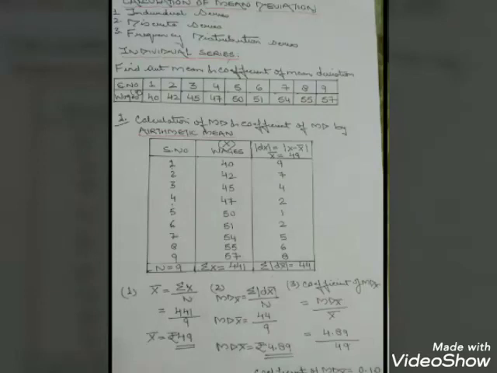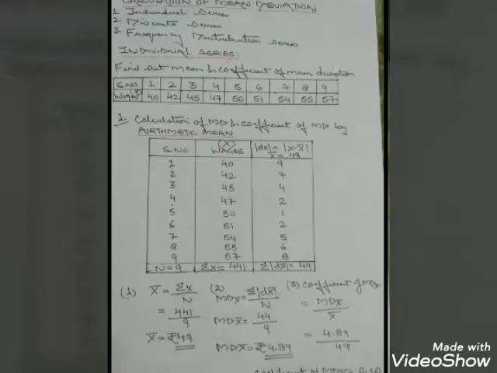And now it is so easy to calculate the coefficient of mean deviation through arithmetic mean. The formula of the coefficient of mean deviation arithmetic mean goes like this: mean deviation arithmetic mean upon arithmetic mean. Your mean deviation is 4.89 upon your arithmetic mean, which is 49.